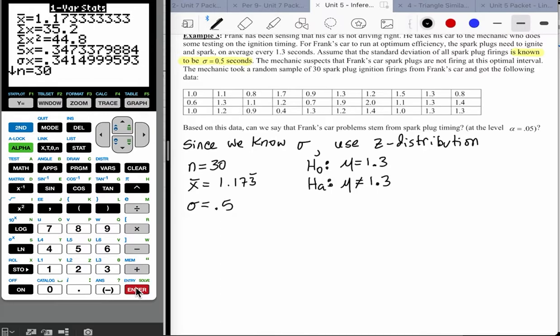We came up with 1.173. If anything, the mean would be less than 1.3 based off of this information. But if all things are equal, it should be 1.3. Right? And so really kind of think about it. It ties together with the idea of just random existence.